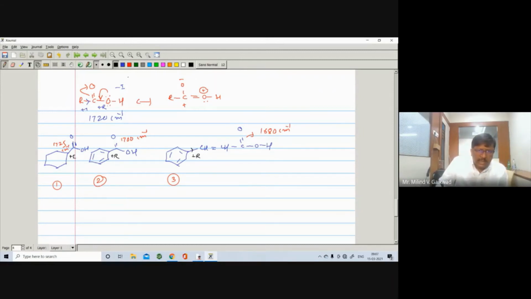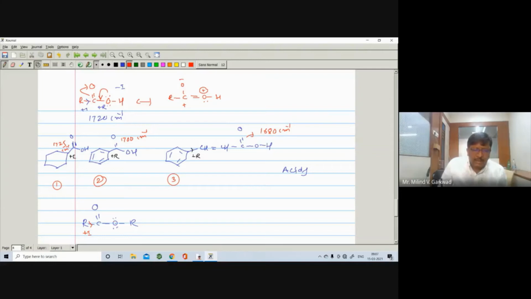Okay. The next example, after acids. If you take the ester RC double bond O, here is the O and R. There is the presence of two lone pairs. So here the R group exhibits plus I effect.